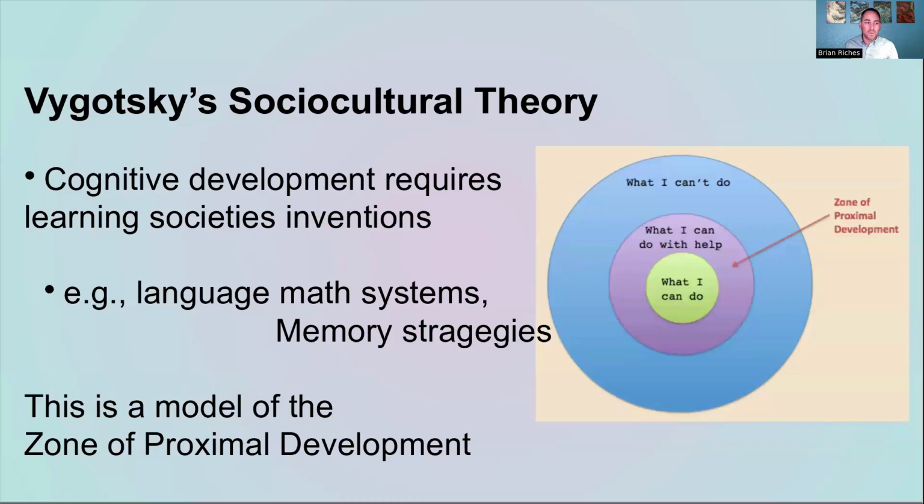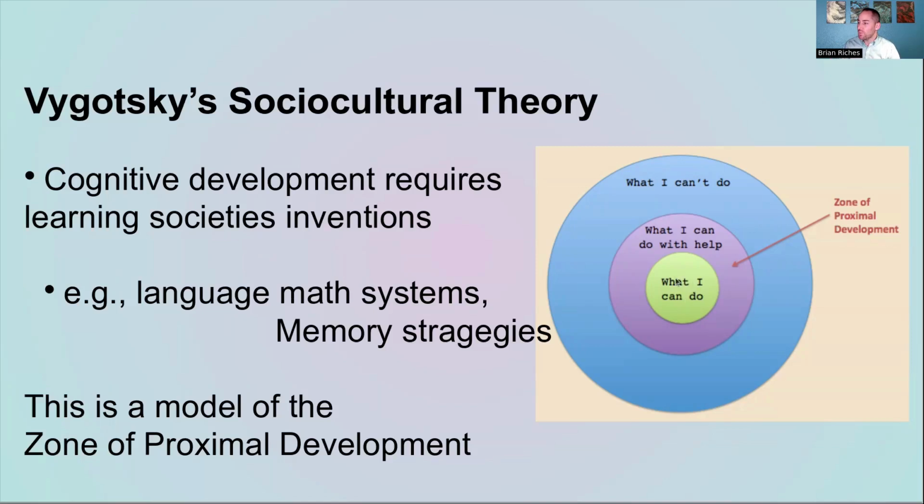A good example of a tool is language. Whatever culture you're in, you will learn the language or languages that are relevant to that culture. You might learn math if that's relevant. You might learn how to hunt. You might learn how to use a bus system, right? Whatever is important to the culture and community around you is going to be delivered to you.